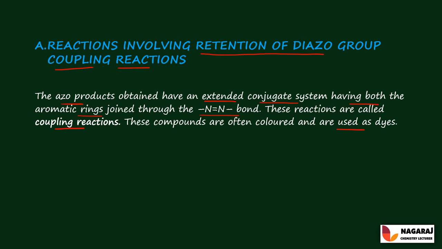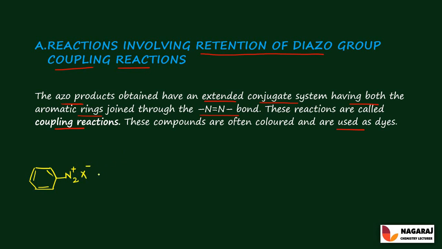Let us see an example of a coupling reaction. Take an arene diazonium halide, for example benzene diazonium, that is N2+ and halide X-.